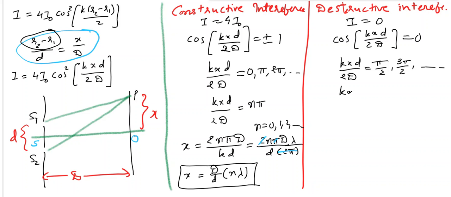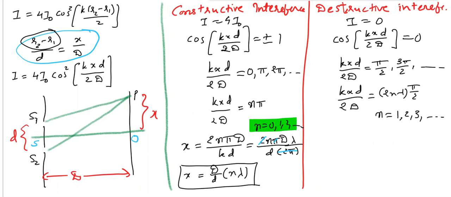So in short, if k x d by 2D becomes equal to an odd multiple of pi by 2, then at those values of x destructive interference will take place and a dark fringe will occur. Again, be careful. In constructive interference, n starts from 0. In destructive, it starts from 1.